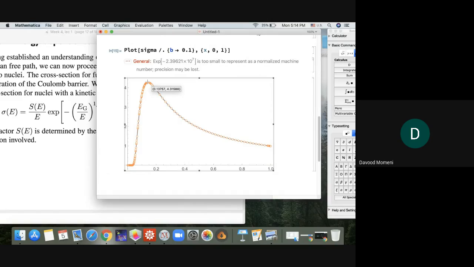So the maximum reaction cross section will happen when the particle is at a distance of 0.13, for example, and it reached the maximum of 4.35, as you see here. So 4.35, for example, is the maximum reaction cross section.